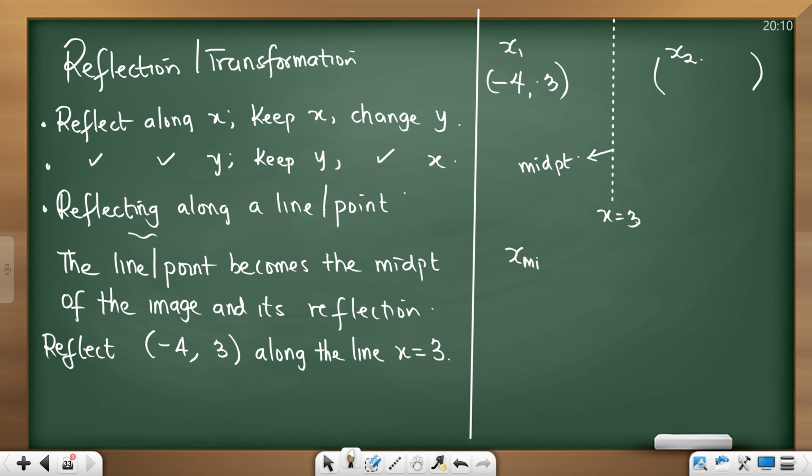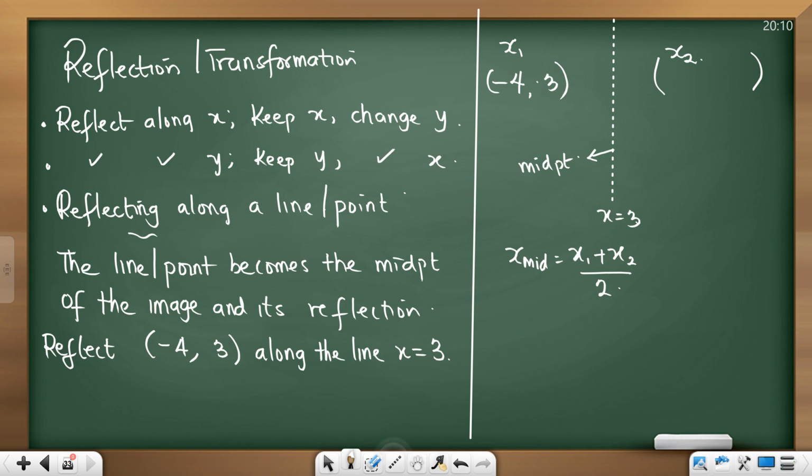One good way: x1 plus x2. You see, I'm reflecting along the x. My y would remain what?